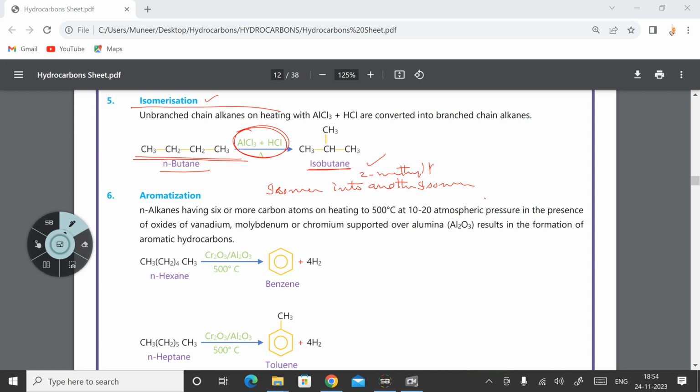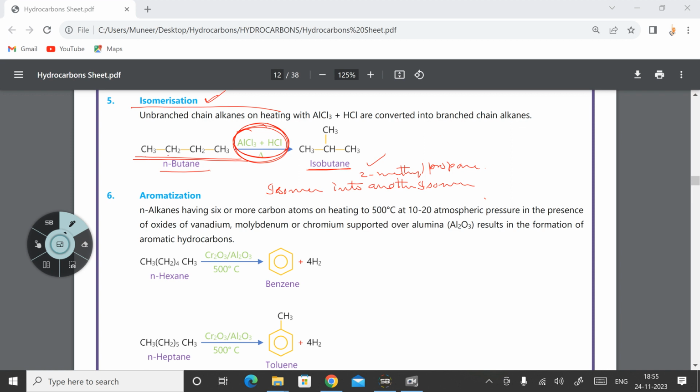That reaction is carried out in the presence of AlCl3 and HCl. Remember all those reagents. When long chain alkanes are heated with AlCl3 and HCl, branched alkanes are formed. That process is called isomerization.